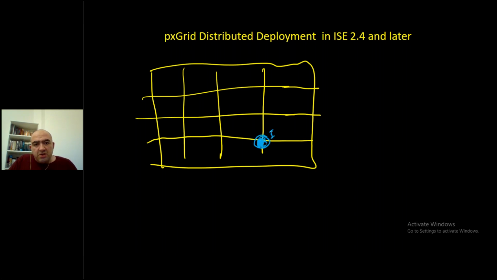This is my ISE, and ISE here is acting as the grid controller. He's controlling anyone who will be a member in this grid. Who can be a member in this grid? Your FMC, your Firepower Management Center, your Stealthwatch Management Console, your SIEM, Splunk for example, any MDM device, Cisco DNA Center.